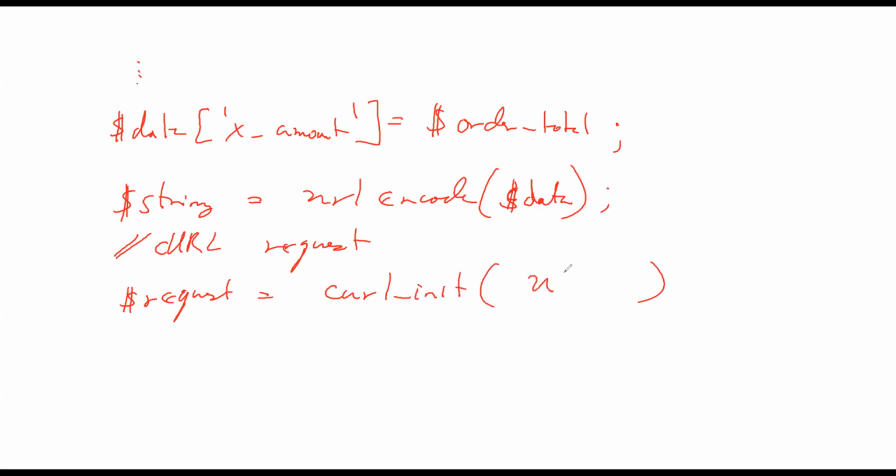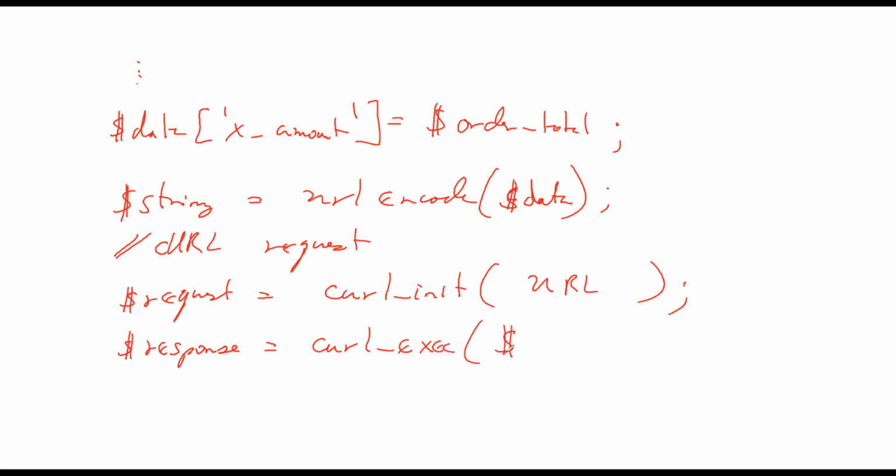And then you have some URL that you're using. You might have some parameters in there, but finally, you're going to run a command using curl, that's called curl exec, like execute.